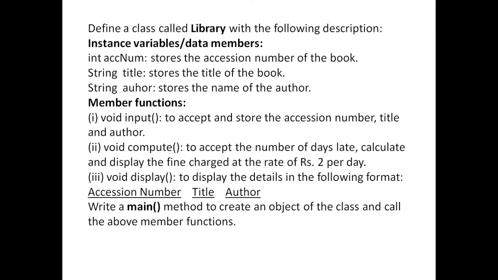Here a little bit of change is there in this question, children. In input you have the formal parameters, but in compute also you have to take one formal parameter, that will be the number of days late. Clear, children? If you use your brain and read the question once again properly, you can easily do this program also.